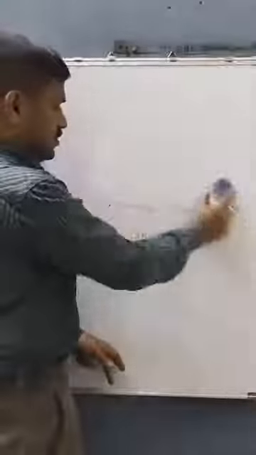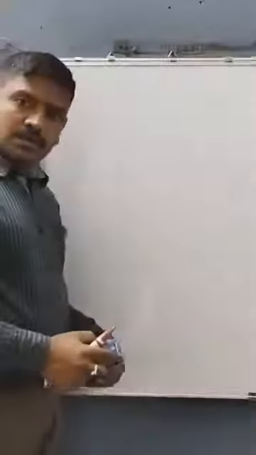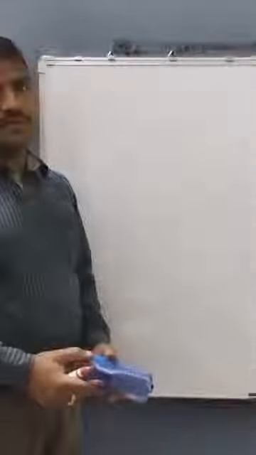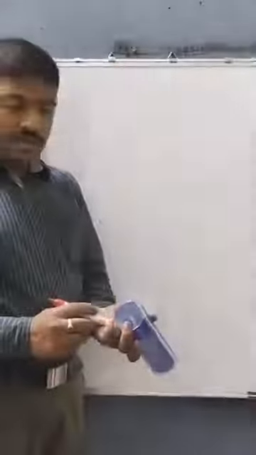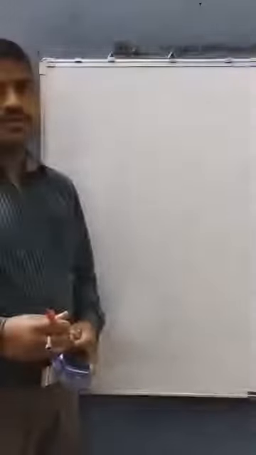Now let us discuss the events of photosynthesis. In photosynthesis, carbon dioxide and water are combined in the presence of chlorophyll and sunlight, and glucose is synthesized. But does it take place in a direct way or in a stepwise manner? In photosynthesis, there are totally 3 events.